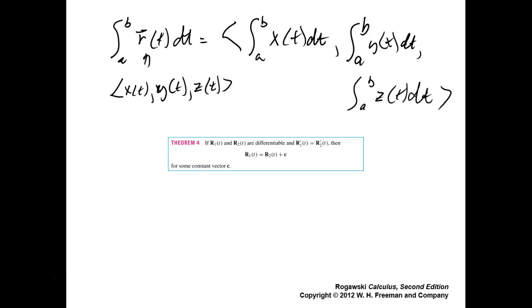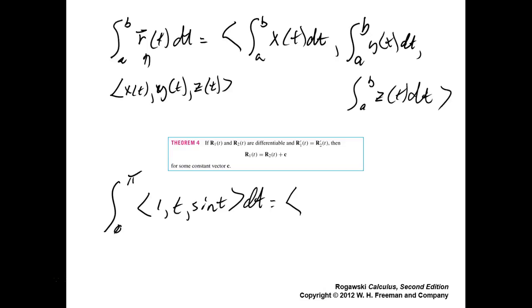Okay, so vector valued integrals. Here's an example. The integral from 0 to pi of the vector 1, t, sine of t, dt. Now using what we just said above, are each of these components integrable? Yeah, certainly.